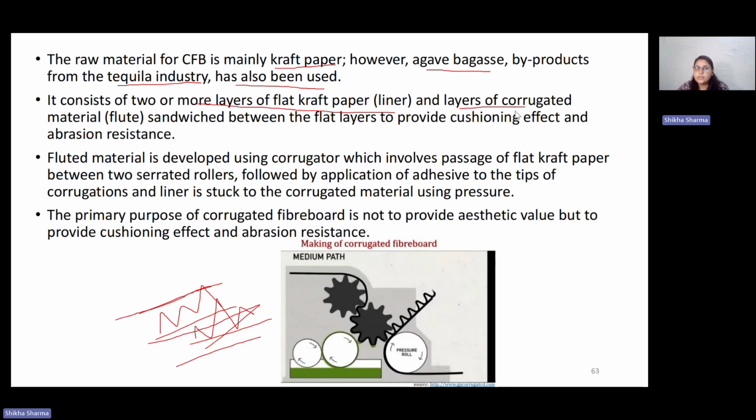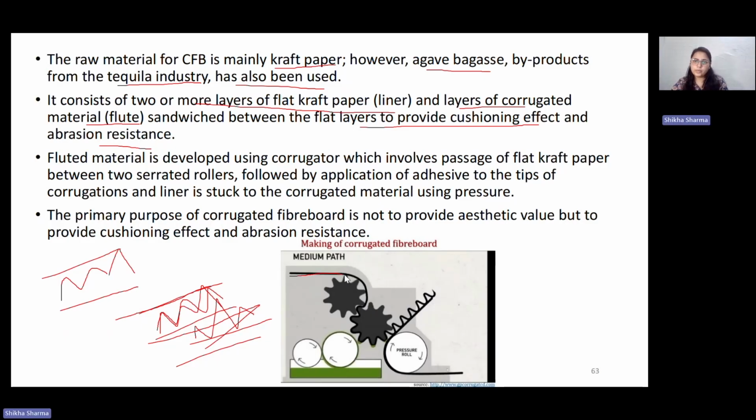Then the layers of corrugated material, or the fluting, will be sandwiched between the two flat layers to provide the cushioning effect and abrasion resistance. So this is liner, this is liner, and in between there will be fluting to provide the cushioning effect, which is true.